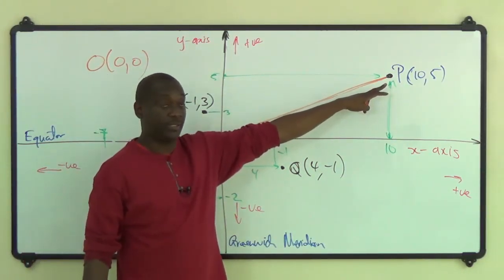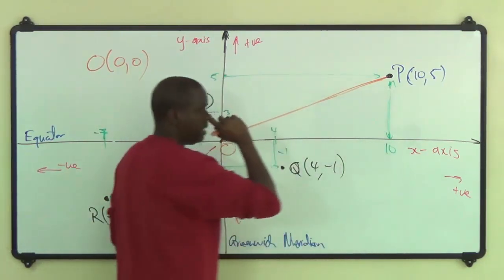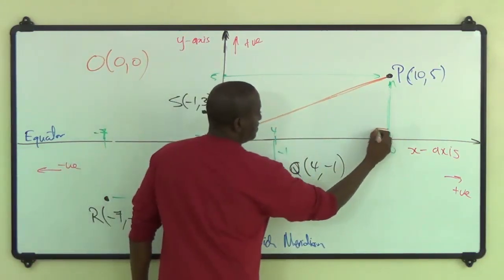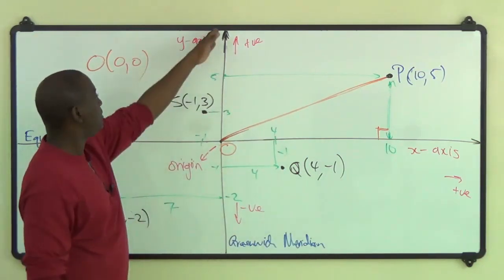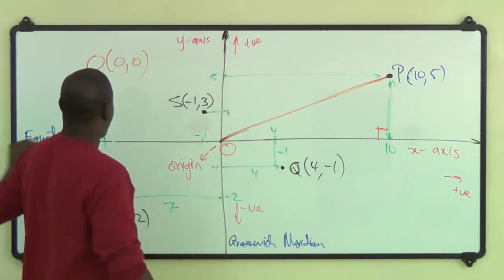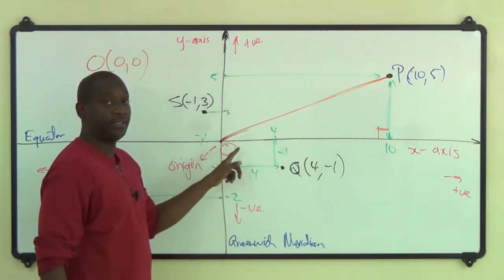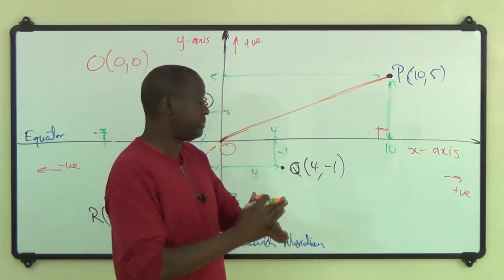See that word again? For those of you who have gone through the Pythagoras theorem and trigonometry, it is the length of the hypotenuse of this right angle triangle, because everything here is right angles. The y-axis and the x-axis form a right angle at the point where they intersect, just like the equator and the Greenwich meridian. They intersect at right angles.